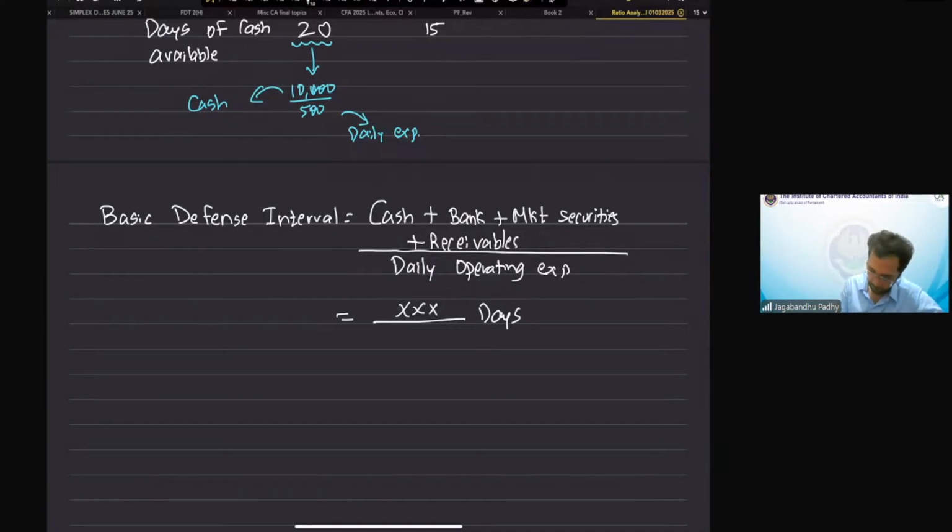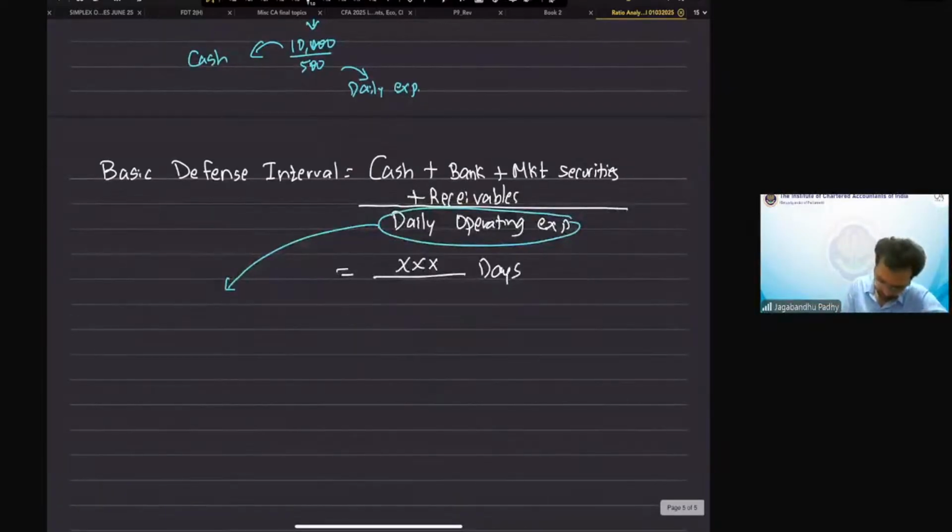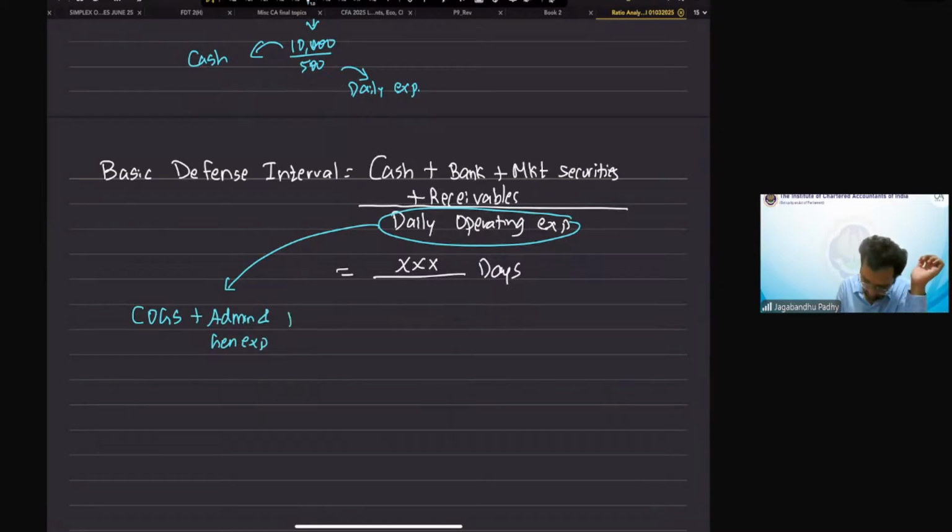Well, this daily operating expense number can be computed as cost of goods sold plus admin and general expenses, plus selling expenses.